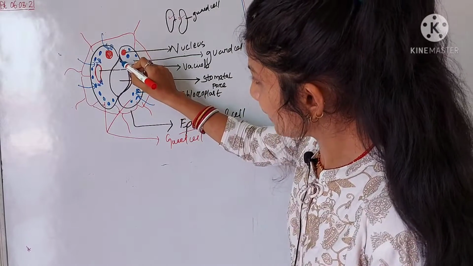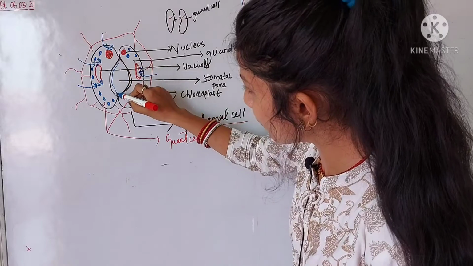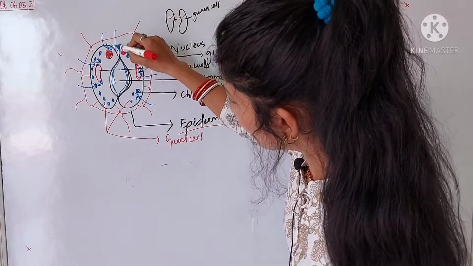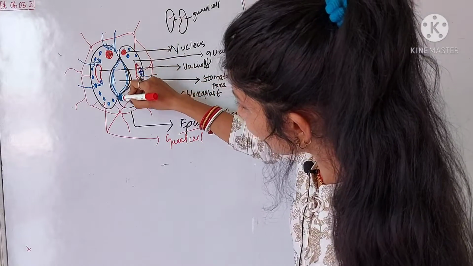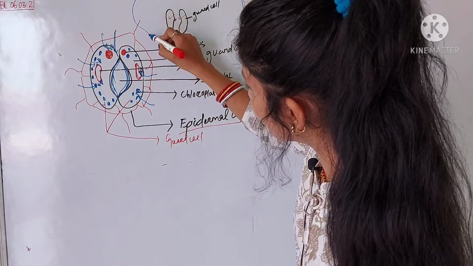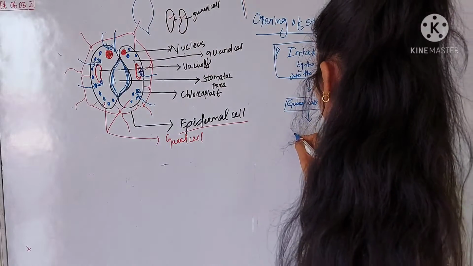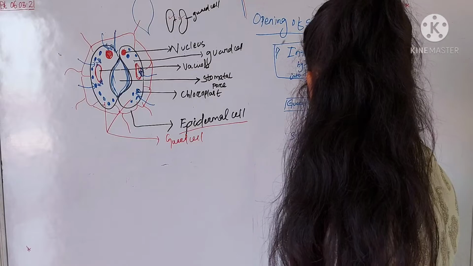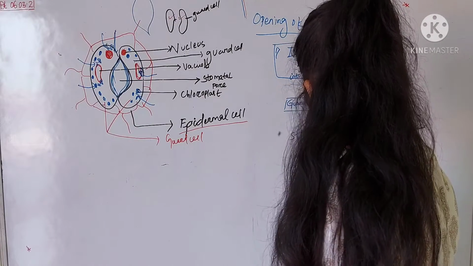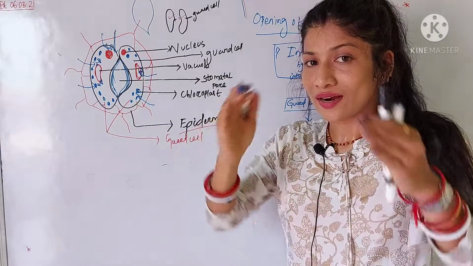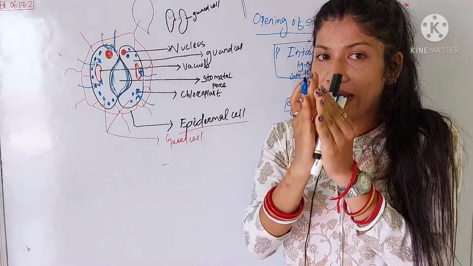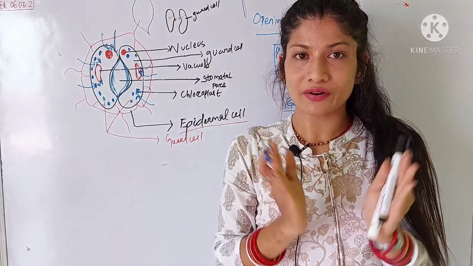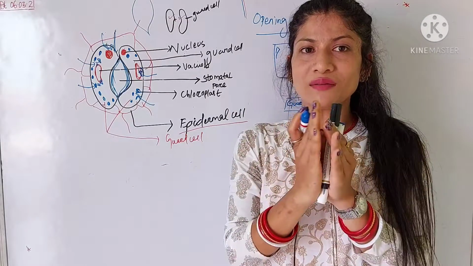In the guard cell, the stomatal pore curves due to the entry of water molecules inside the guard cell. In the opening of stomata, the pore becomes curved, but in the closing of stomata, it becomes straight.